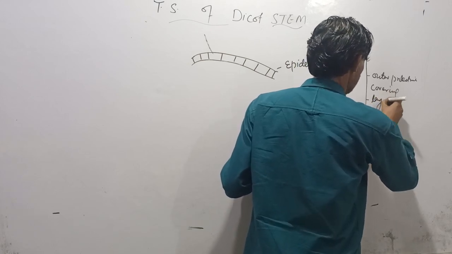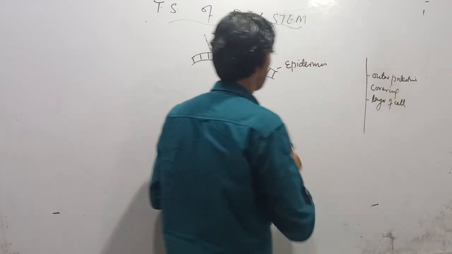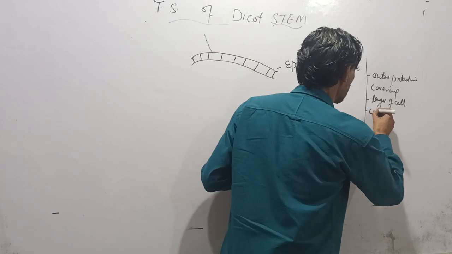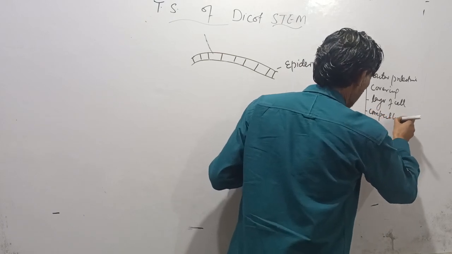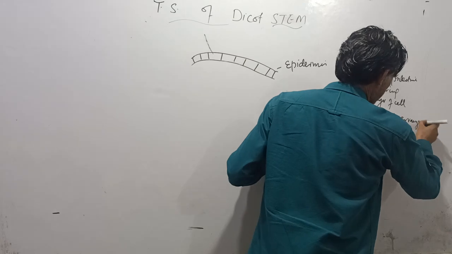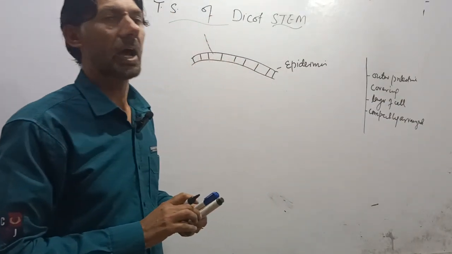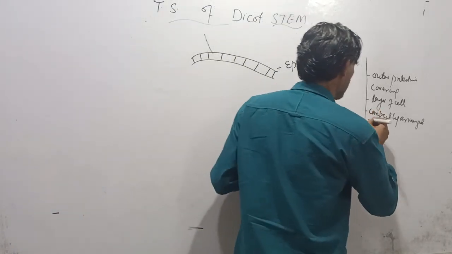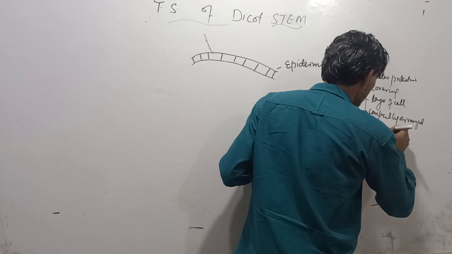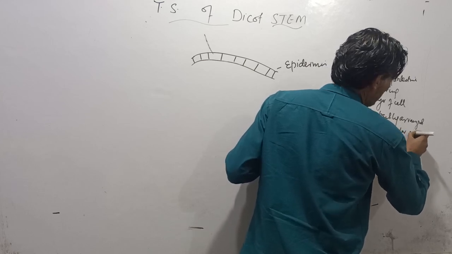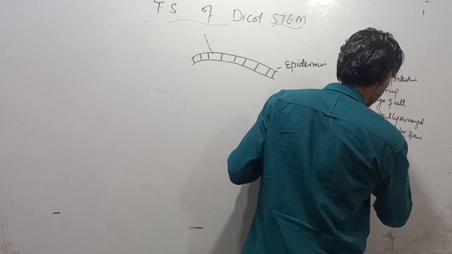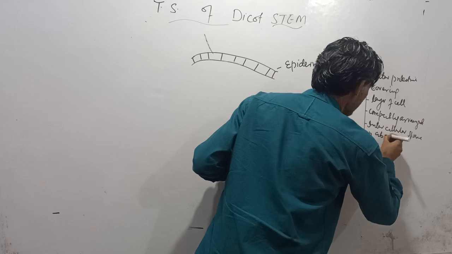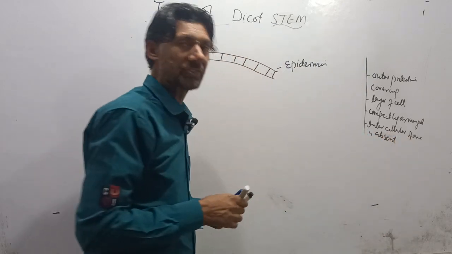The cells are compactly arranged. In the epidermis, the intercellular space is absent, that is, there is no space between the cells.